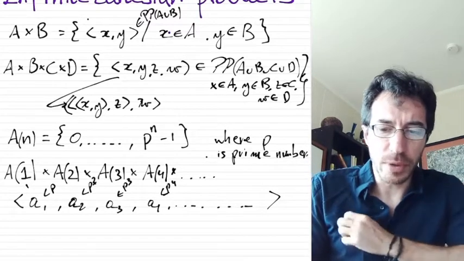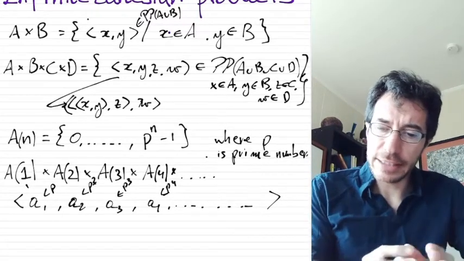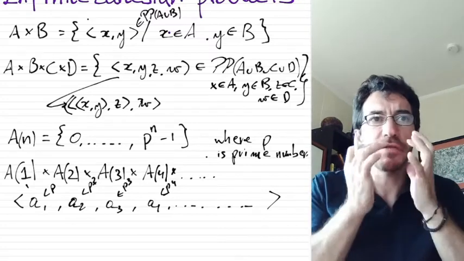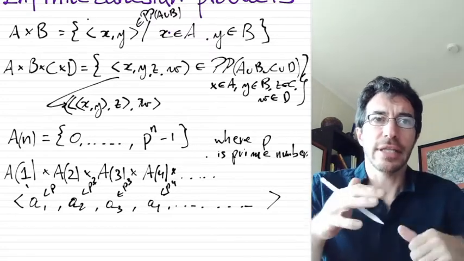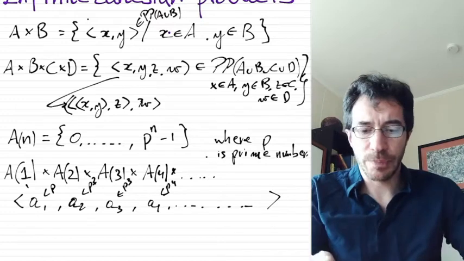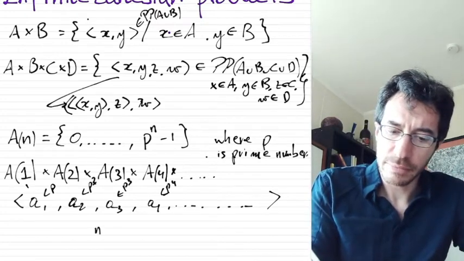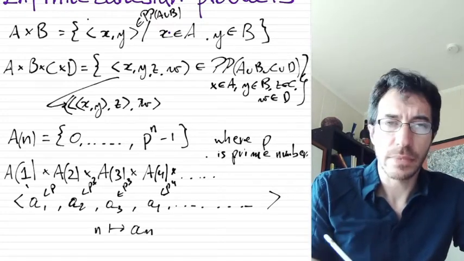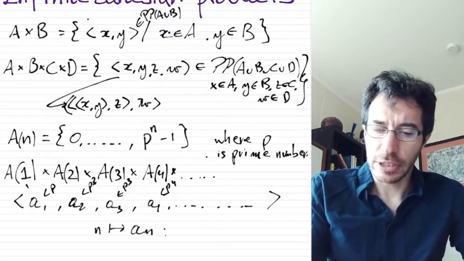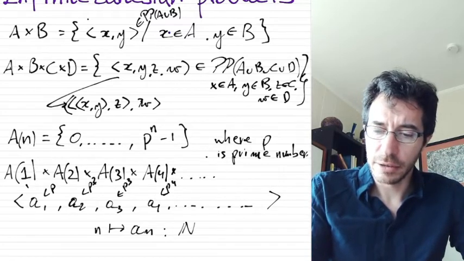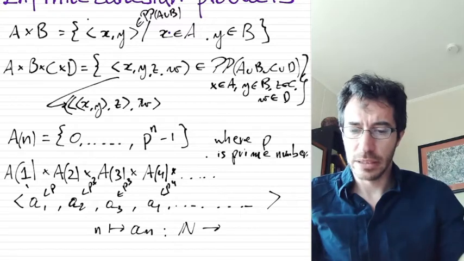So I guess what we want is this infinite tuple. We can think of it as a function that, given the number n, outputs a sub n, right? It's a function that goes from n to where?